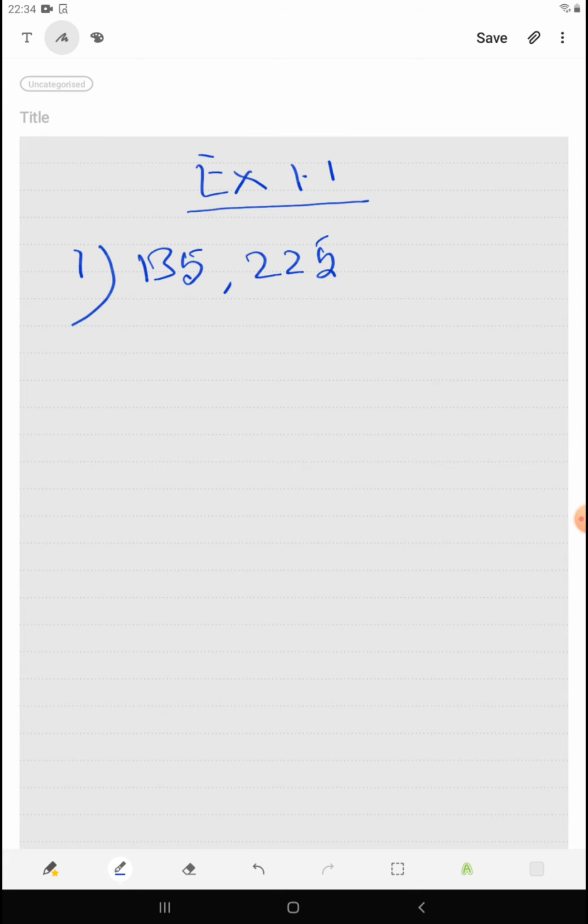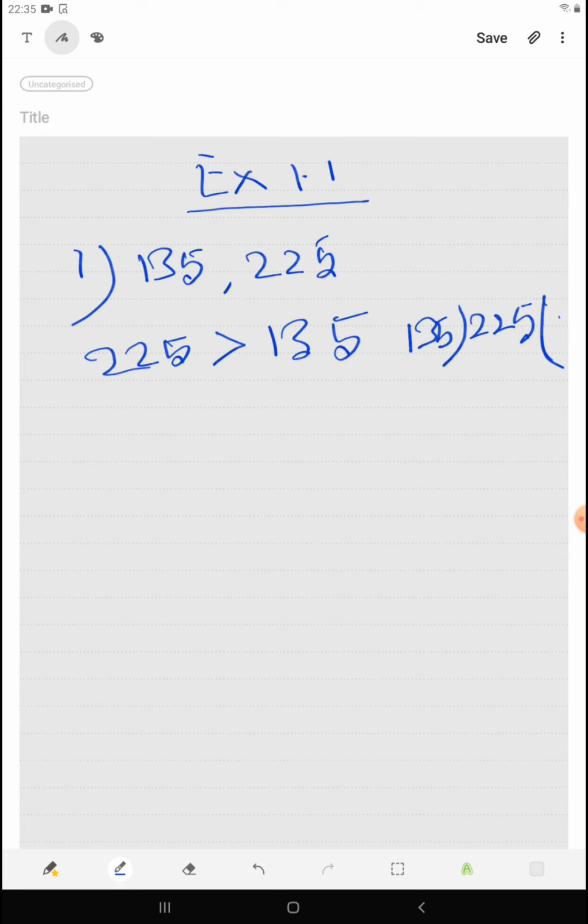So here you can see that 225 is greater than 135, correct? So now we have to apply Euclid's division algorithm. So let's take a rough. There we will divide 225 by 135. 135 into 1 is 135, then 90.